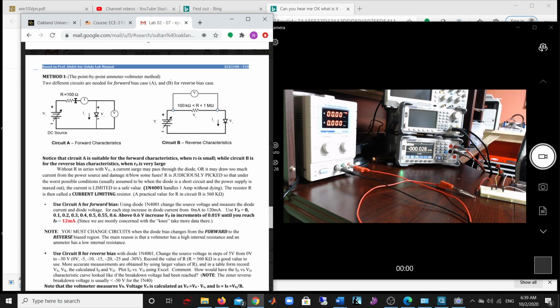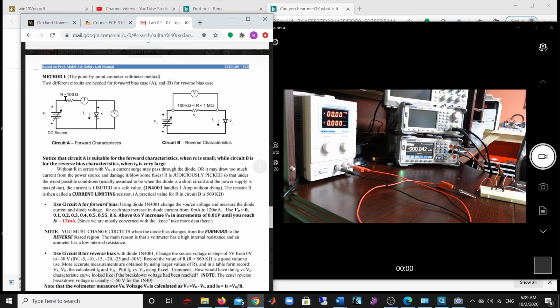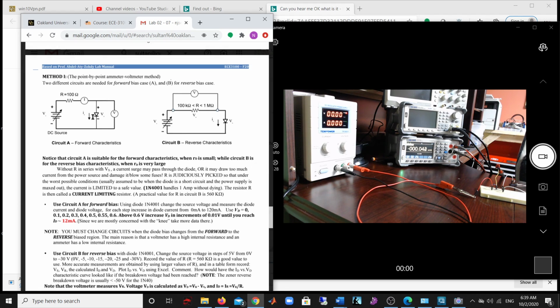And if we have Vr and we have the resistor value, we can get the IR, the current through the resistor, right? And if you see, this is a series connection. They are connected in series, the resistor with the diode. So the current through the resistor will be the same as the current through the diode, right?